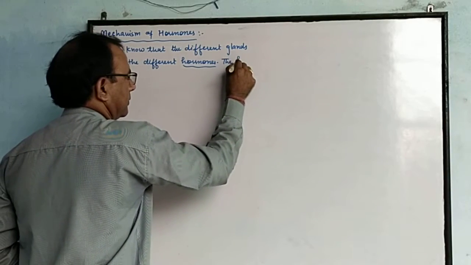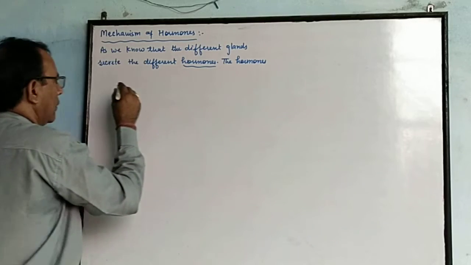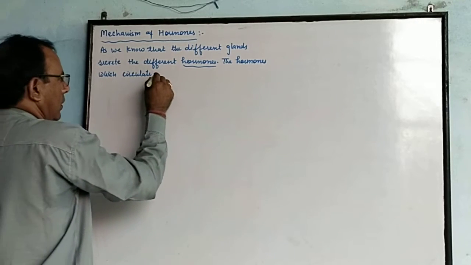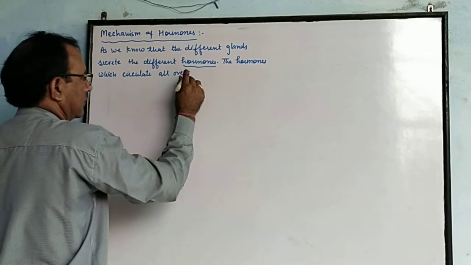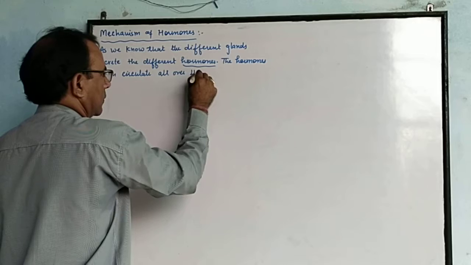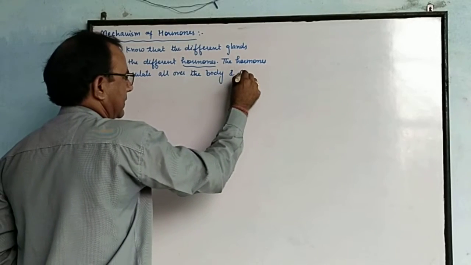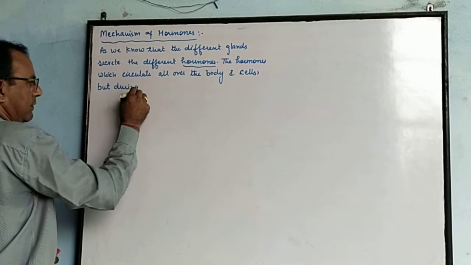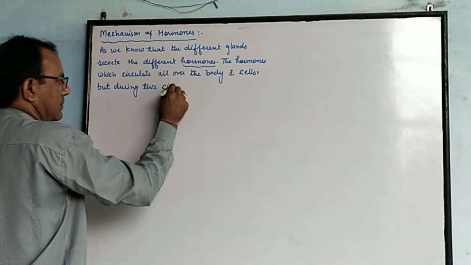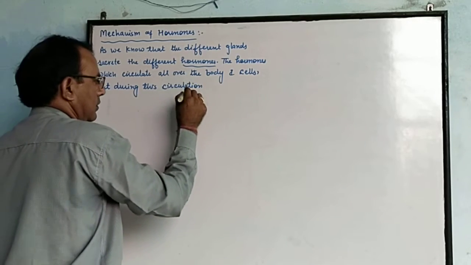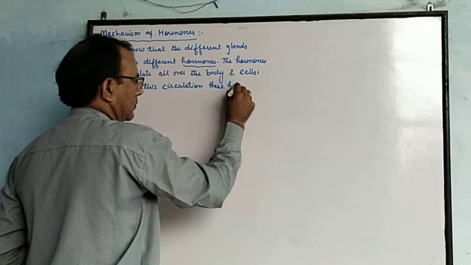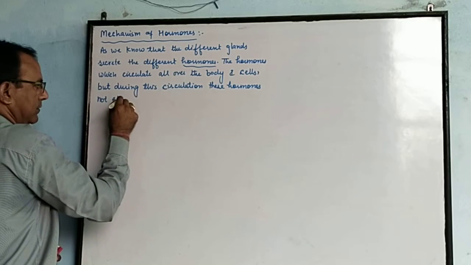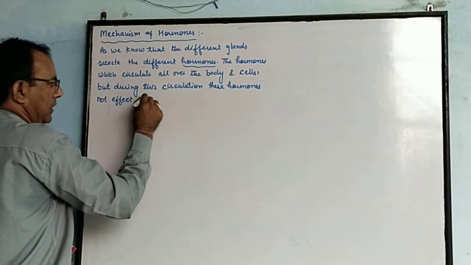The hormones circulate all over the body and cells, but during this circulation these hormones do not affect each cell.